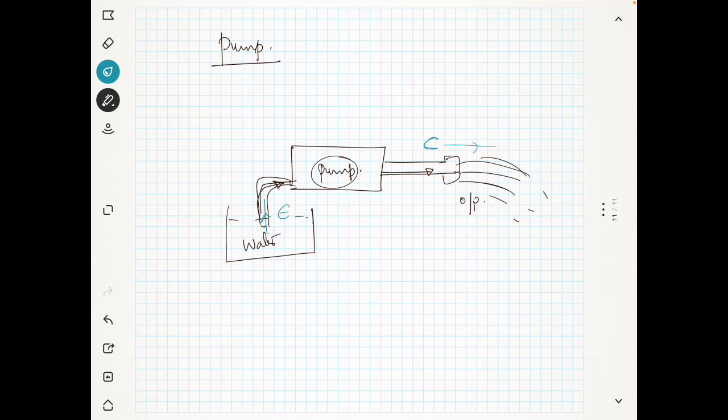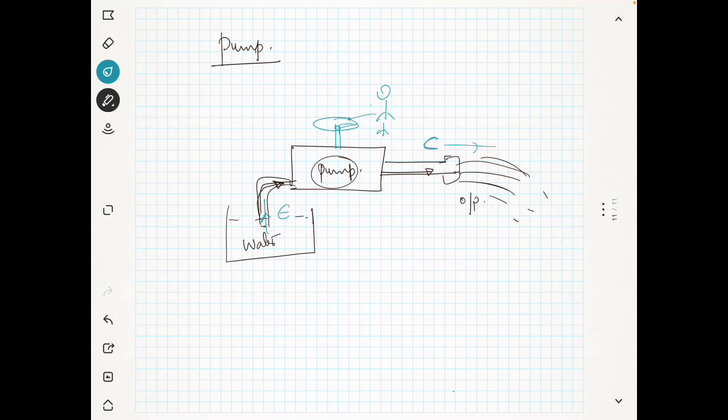Now there is no base here. Suppose somebody is standing here and controlling something. If he has controlling equipment, he can control the speed of this pump, or the flow rate of the pump. Now if he rotates this, if he closes this, what will happen? The pump will be moving with a very low speed, or you can say with a low output.